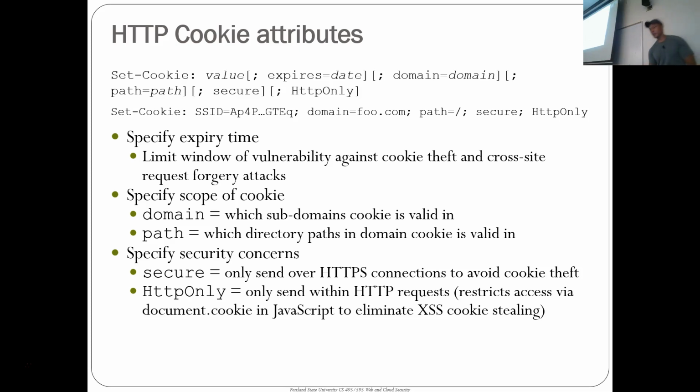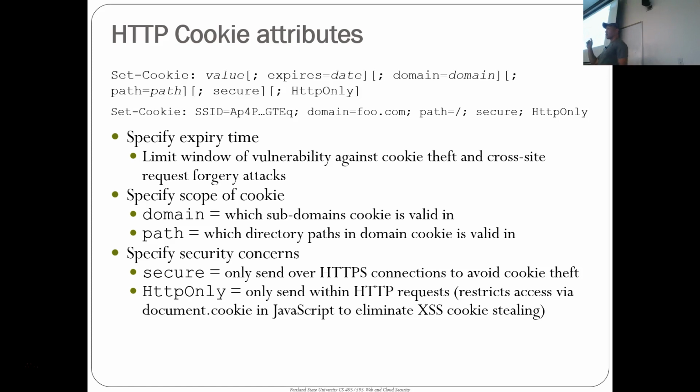The other parts are to specify the scoping of the cookie itself. So with cookies, you can programmatically determine where on the site they're valid. You could associate a cookie with an entire site, but if you have subdirectories in your site that you want different cookies for, on the banking site you could have a cookie for the top level, but then to actually do transfers, maybe you want a different cookie to manage that.